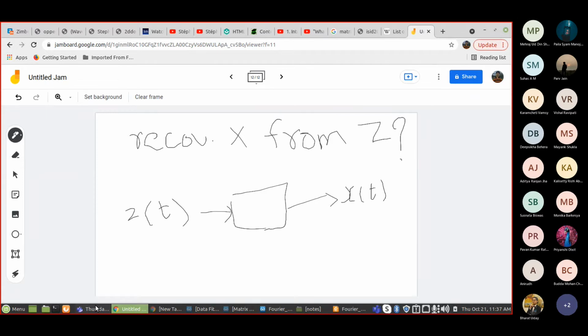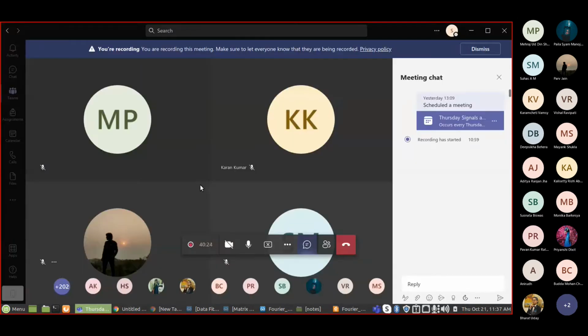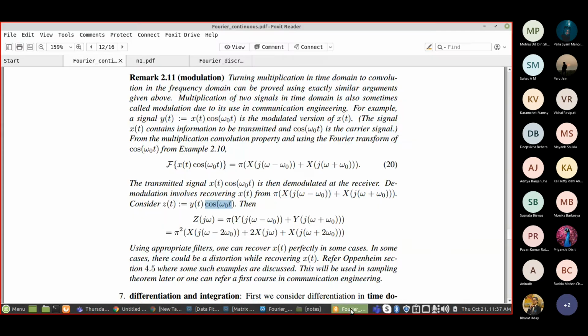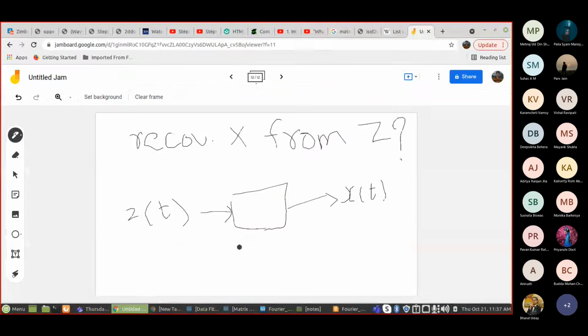Yes. Any idea? If we have a rectangle, then we can get... Yes, be more specific. Yes, if you can design a rect function. Sorry, this is again badly drawn, but think of this as a flat line.